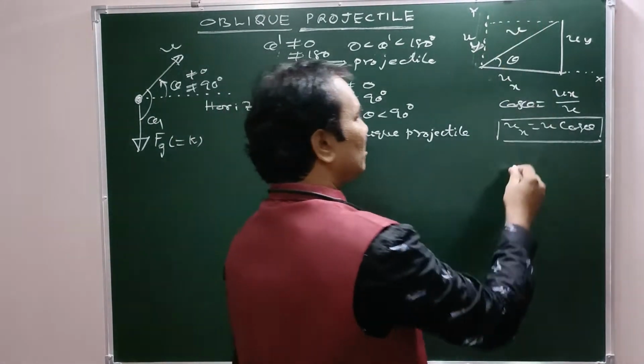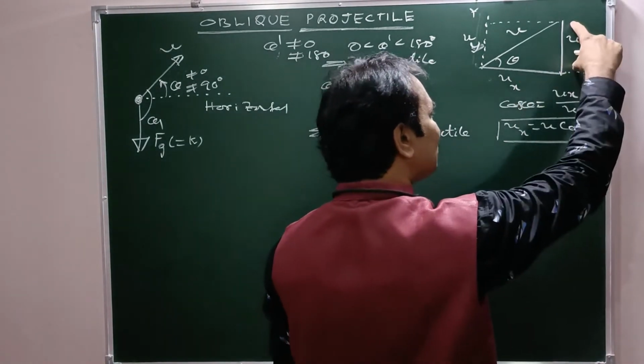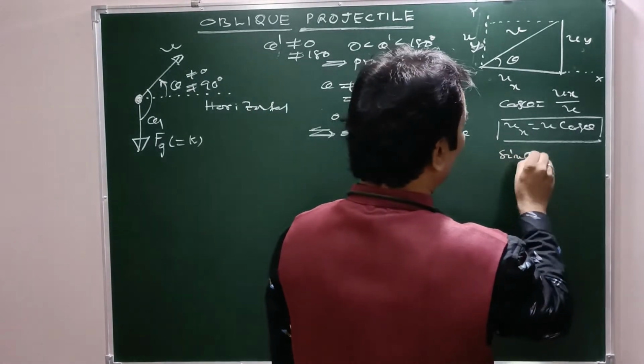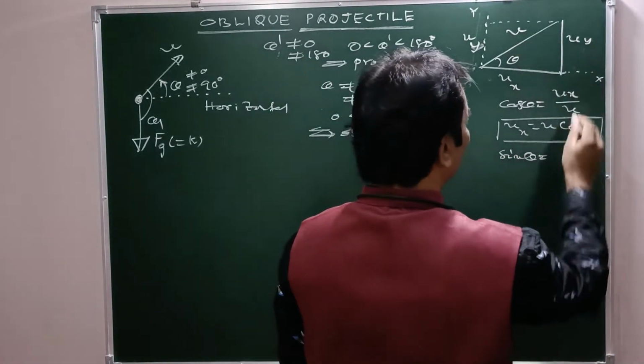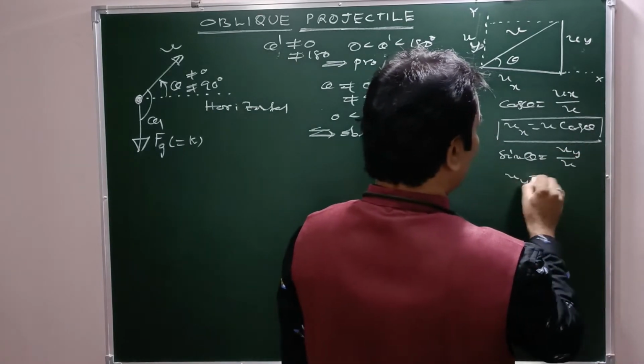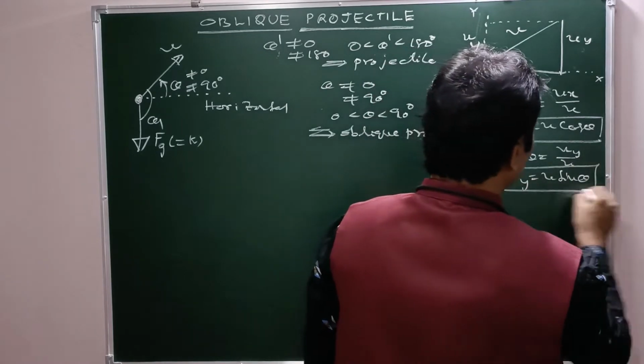Along vertical, what is the component to get u y? Take sin theta. Why? Because this is the opposite side with respect to theta. So sin theta equals opposite side by hypotenuse, that is u y by u. So u y equals u sin theta, right?